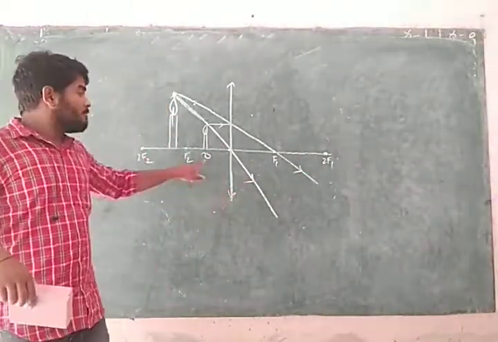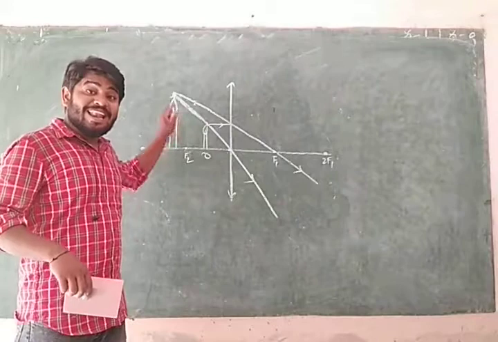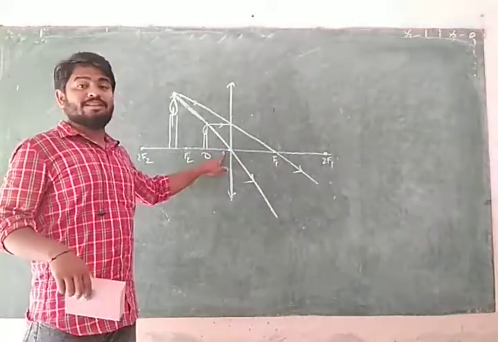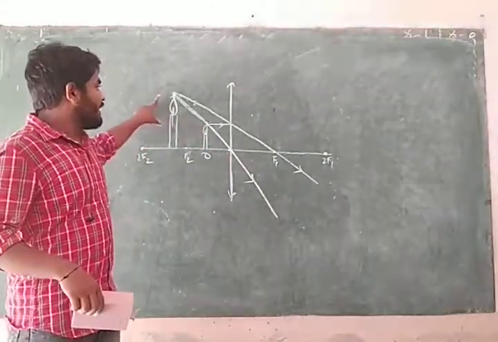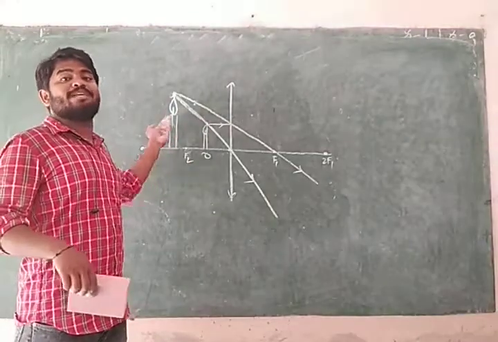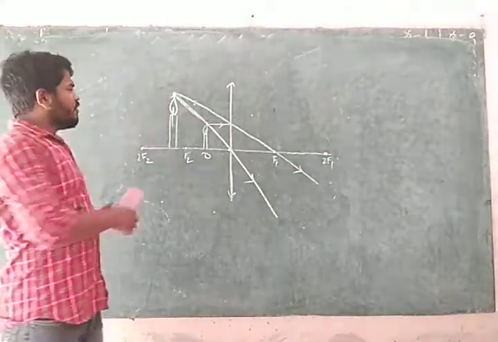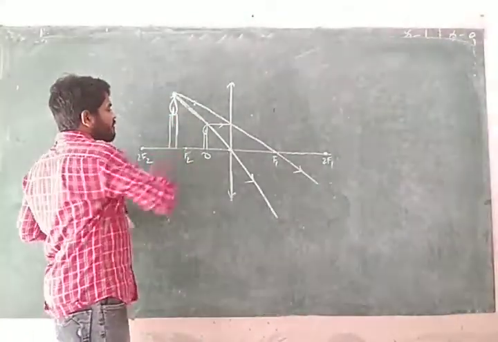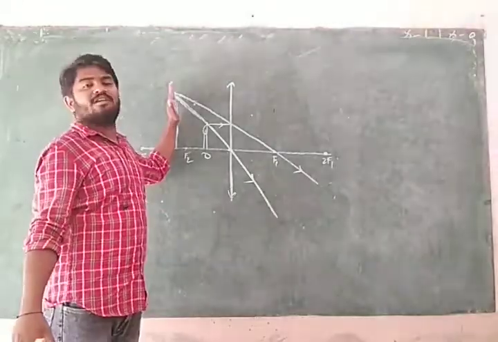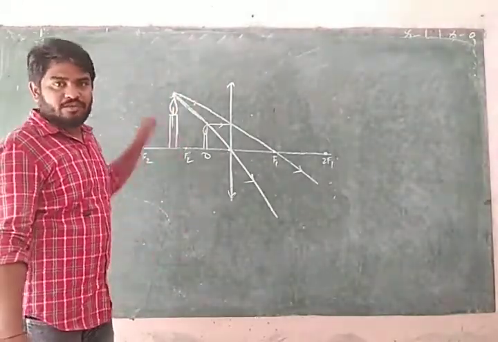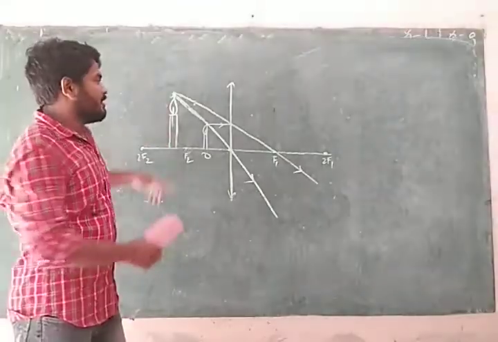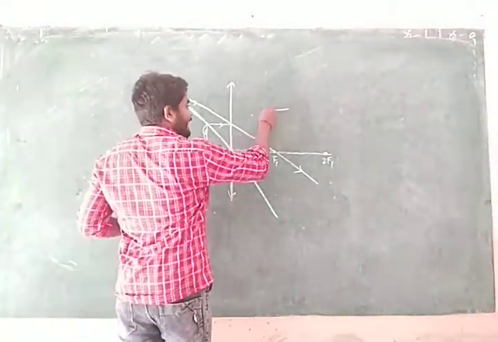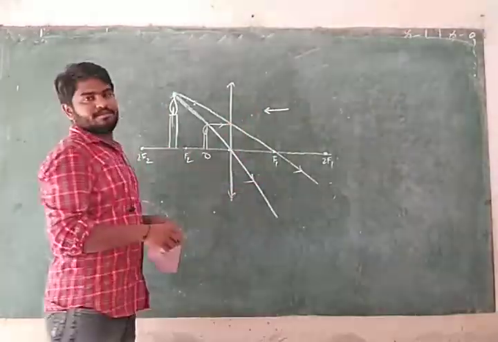When the object distance is less than the focal length, the image will be formed on the same side of the object. So if you place a screen here, you cannot see it. If you want to see this image, you have to look directly through this lens.